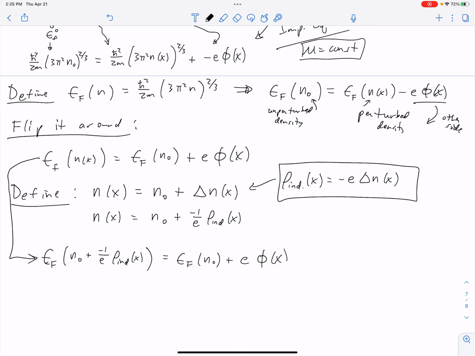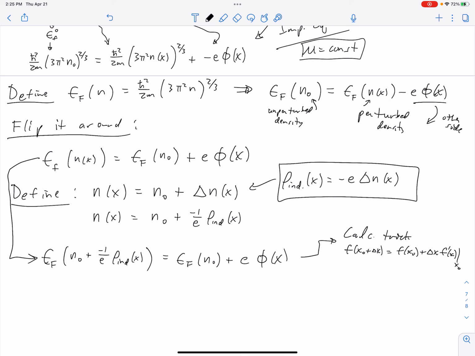And then we can just do something very, very cute. We can just do our calculus trick. We say that f of x naught plus delta x is equal to f of x naught plus delta x f prime of x at x naught, right? So let's do that.